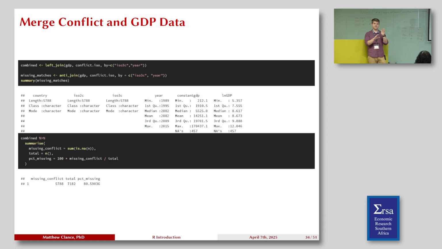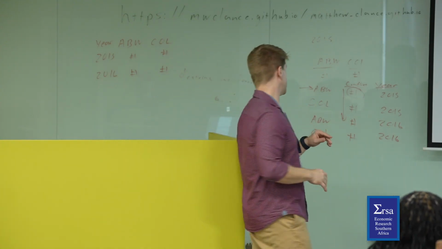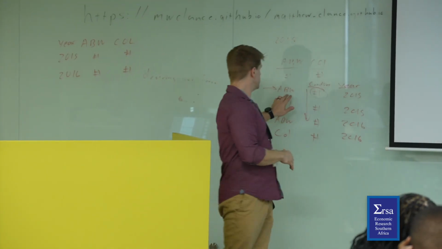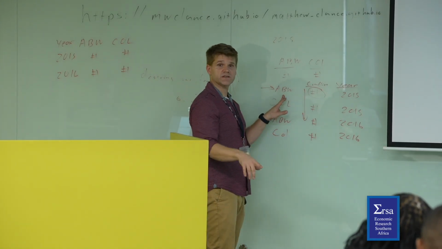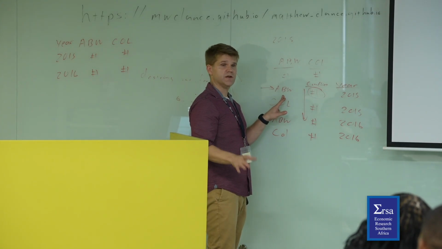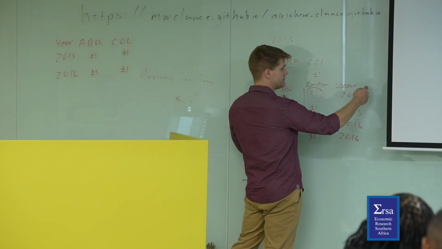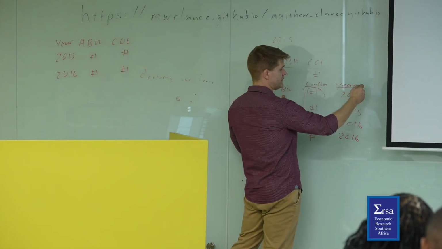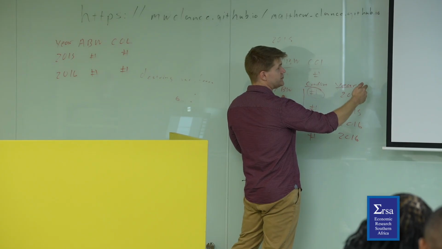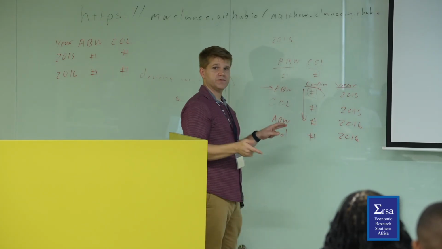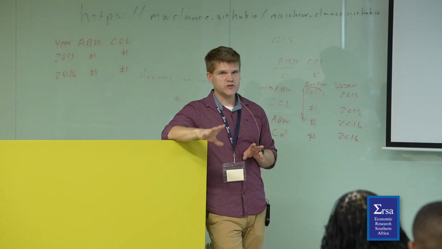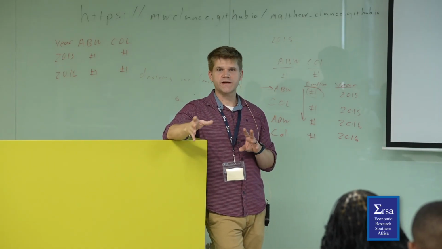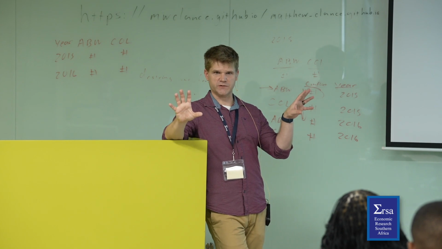Remember I was using ABW here. Say there's ABW in 2015, but not in 2016 for whatever reason. What's going to happen is that conflict variable would be NA if I tell it to use the right join, because you put GDP in left and conflict in right, right?